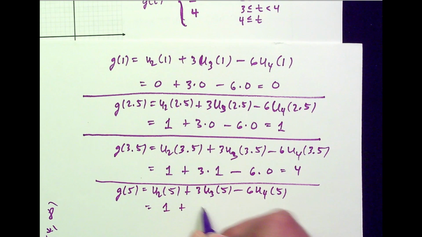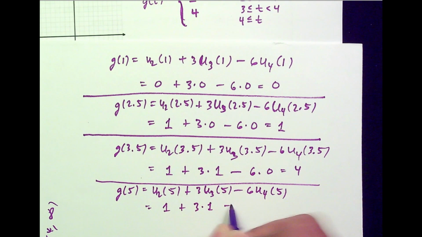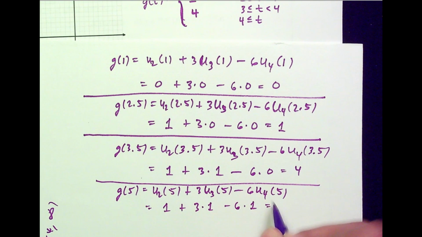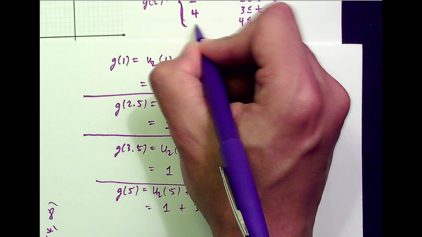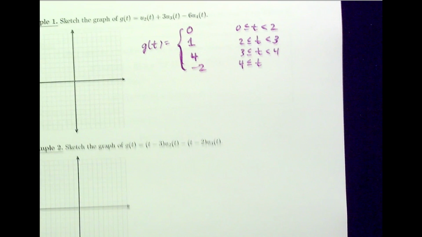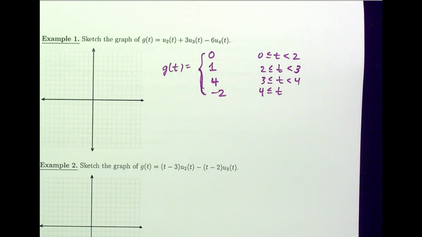Similarly, 5 is after 3, so the value is 1. And 5 happens after 4, so the value is 1. We have 1 plus 3, which is 4, minus 6. 4 minus 6 is negative 2. So that one then is negative 2. Okay, so that is G.